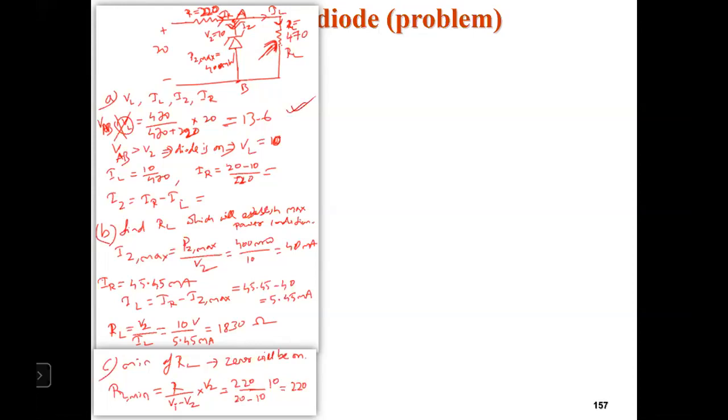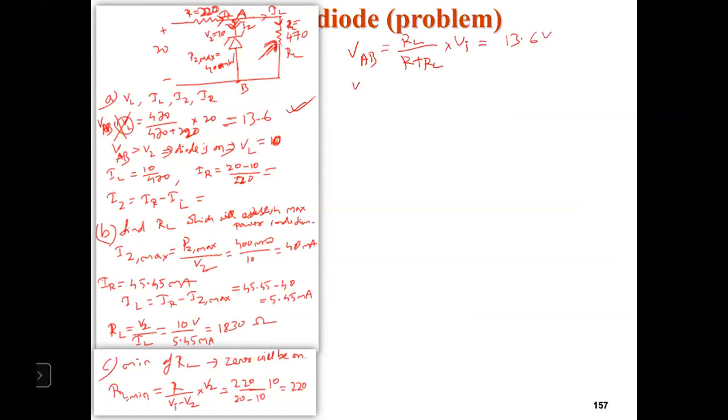You can see the first step. You are calculating VAB, which is equal to RL by (R plus RL) into VI. Putting in the values, we get 13.6 volt.